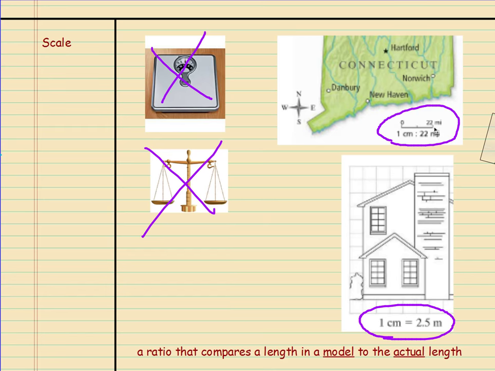So the scale tells us the relationship between the length in this model, the map, to the actual length in real life. Same with this over here. 1 centimeter in this picture, this drawing, is equivalent to 2.5 meters in real life.